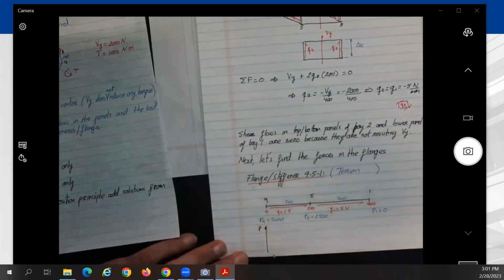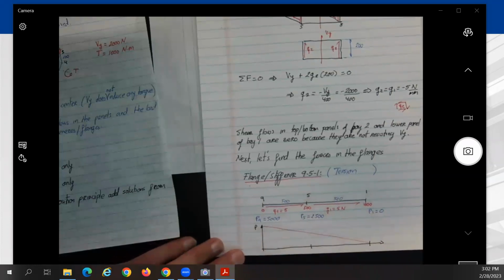So basically, if we needed to do a plot here of P, we say what's being tension, so we can leave it positive. What will be the distribution in that flange?